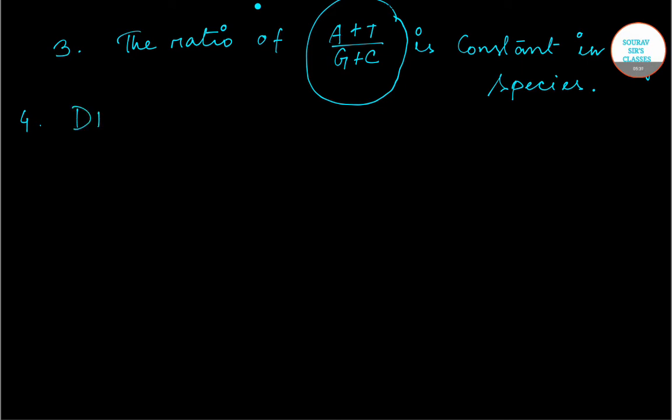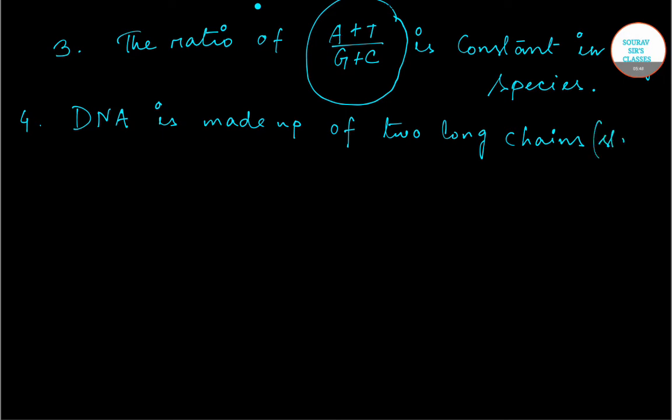So DNA is made up of two long chains that are known as strands.